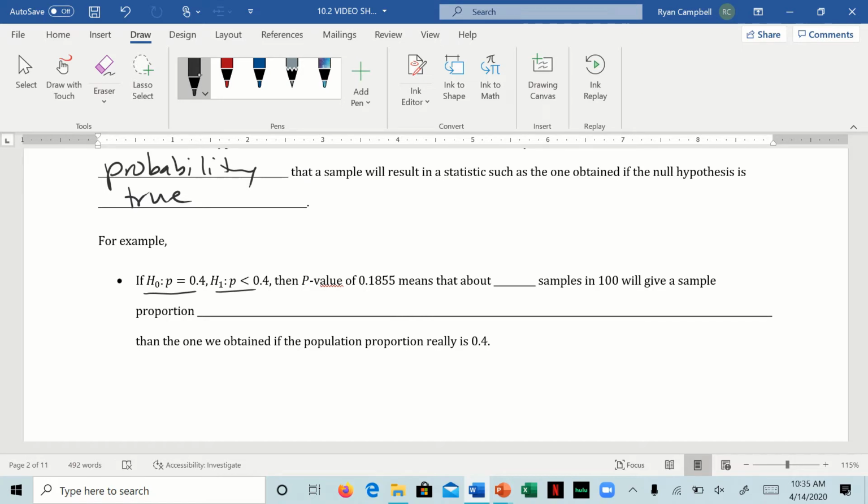So our p-value means that about 19 samples will give a proportion as low as, or sorry, we should say as low as or lower than the one obtained.